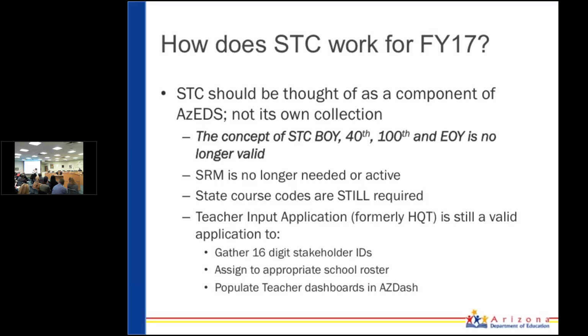That didn't give you a good picture of what was going on. You had to wait all the way to 40th day. Or if you wanted to see new dashboards, then you would have to go through the painful, prickly SRM, right? And get it all done, and then it would load again. So now you don't have to do that. So the concept of 40, 100, end of year is gone. It's just, as you push your data, the data gets updated, right?